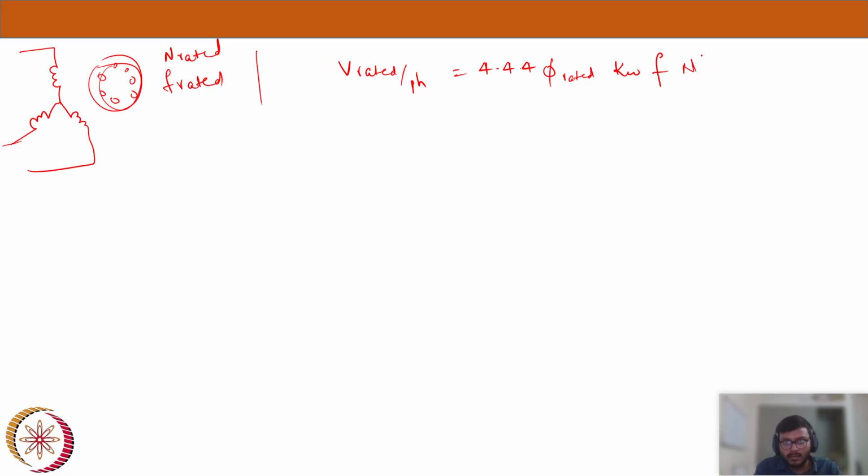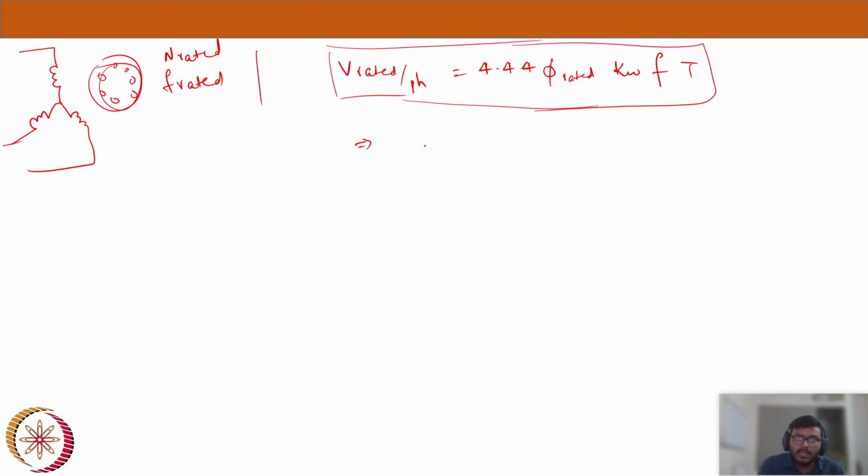Here n is not speed, it's turns, so just write t. Let's not confuse it with the speed. Now we have this basic per phase voltage equation for a motor.